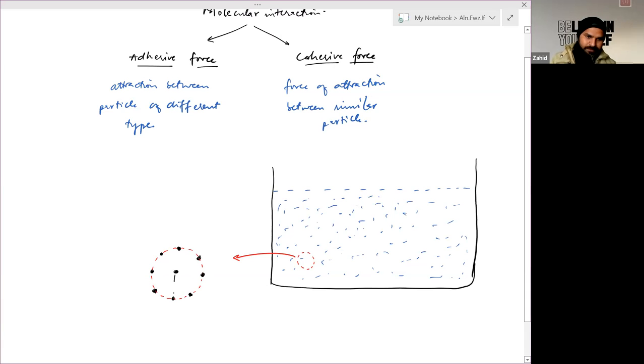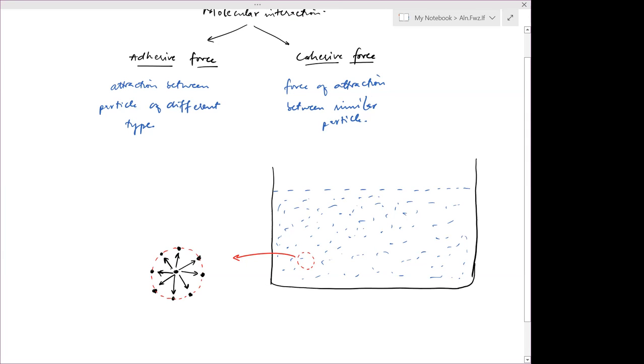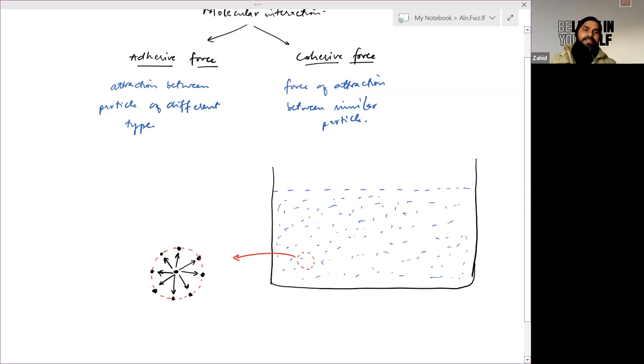So each particle will exert some cohesive force since all are similar to each other. Is it clear? Yes, sir. So the net force acting on the central particle in this case will be 0. So F net on the central particle will be 0.